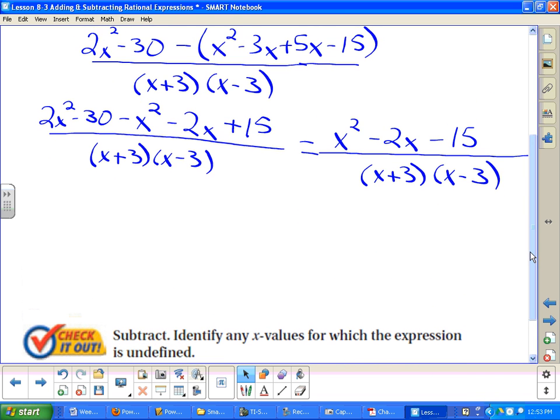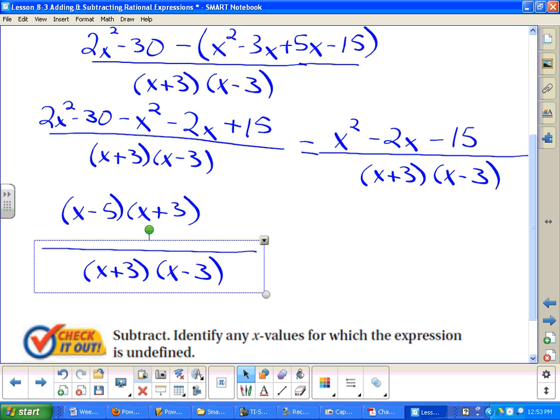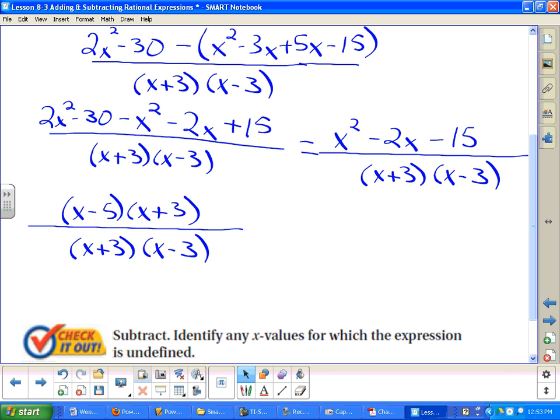Once again, can we factor the numerator? So x minus 5 and x plus 3. So we do have a common factor again.